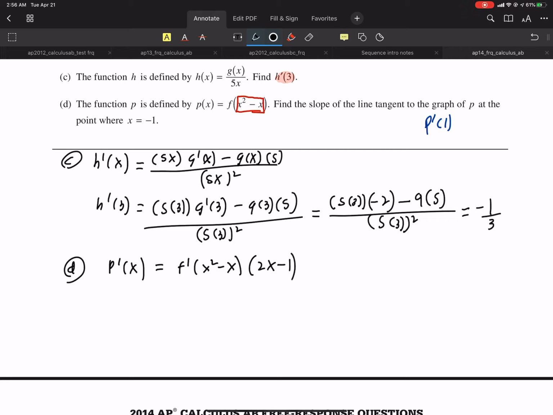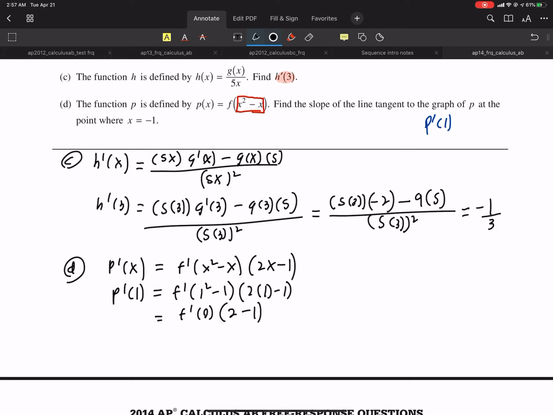And now we just plug in -1 for x. Every x you see, you plug in a -1. -1 squared minus -1. 2 times -1 minus 1.